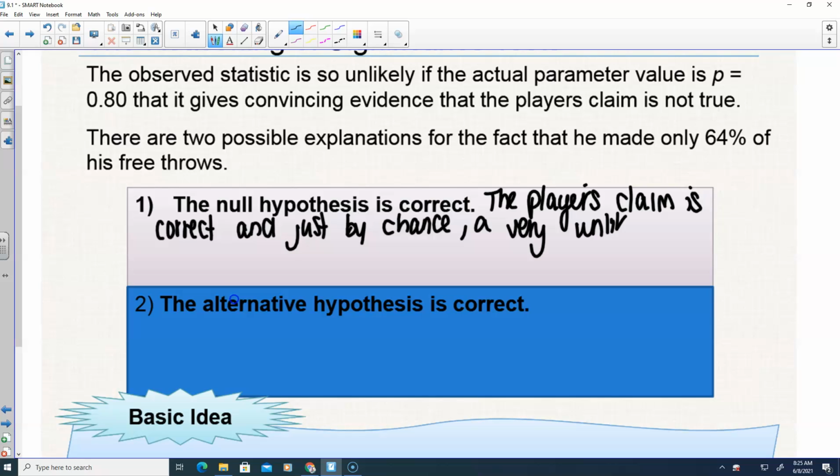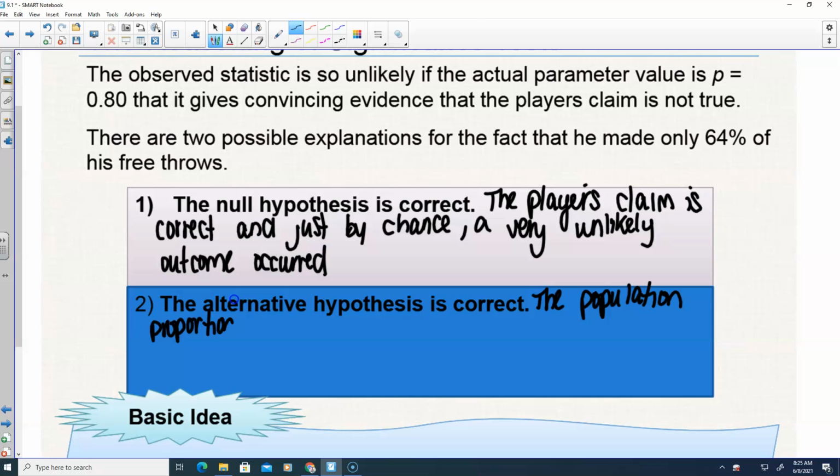So a very unlikely outcome occurred for this guy today. What we think is that actually the alternative hypothesis is correct, and that the population proportion is actually less than 80%.